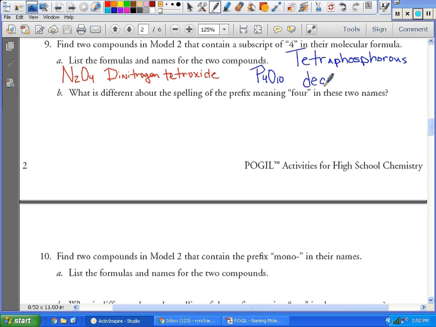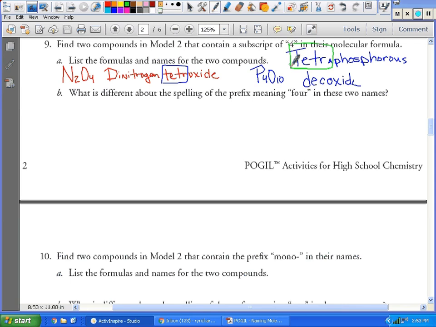And so, B, what is the difference about the spelling of the prefix meaning 4 in these 2 names? So if you look at it right here, we've got this, and then we've got this. So what is different? One of them kept the A and one of them dropped the A. Which one of them dropped the A?